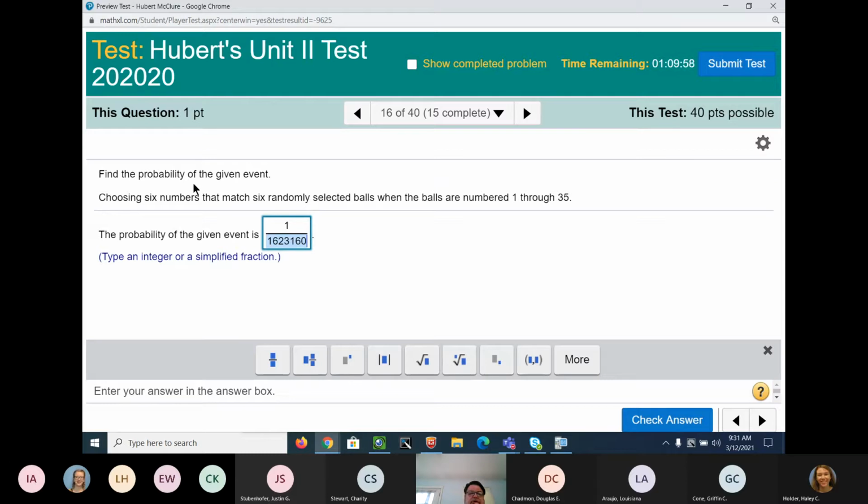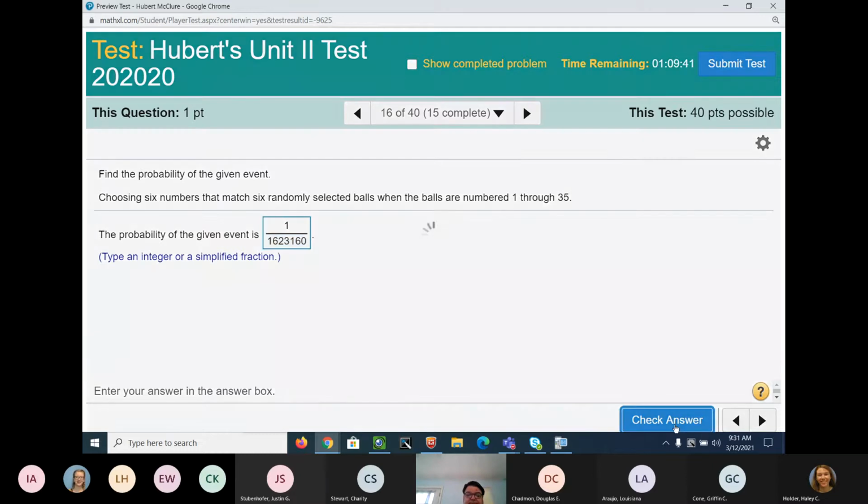See, this question, there's no indication that you even bought a ticket. Do y'all see the word lottery in here anywhere?